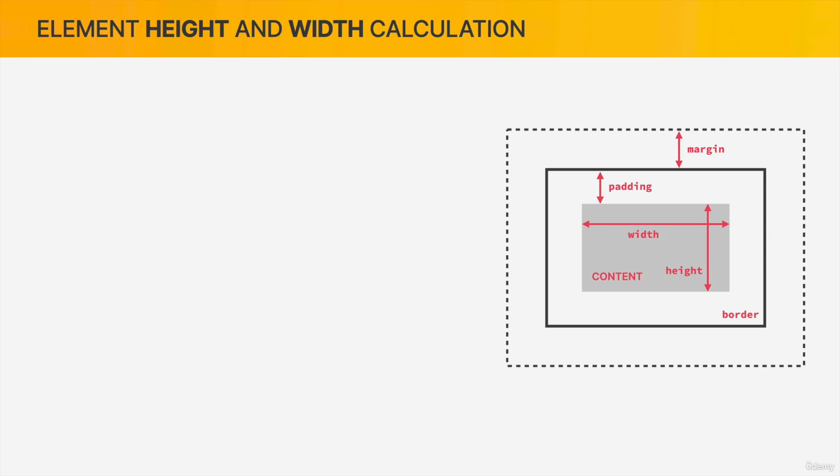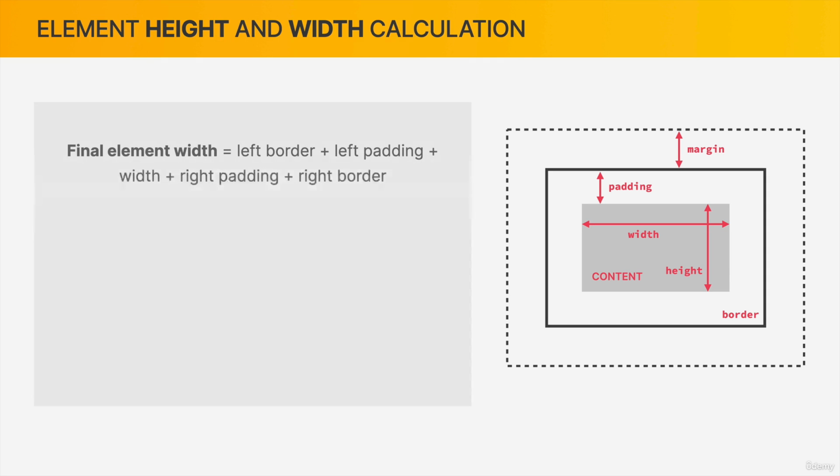And that's because the border and the padding are also taken into account. So the final width of an element as we see it in the final layout is defined by the left border plus the left padding plus the specified or implied width plus the right padding plus the right border.